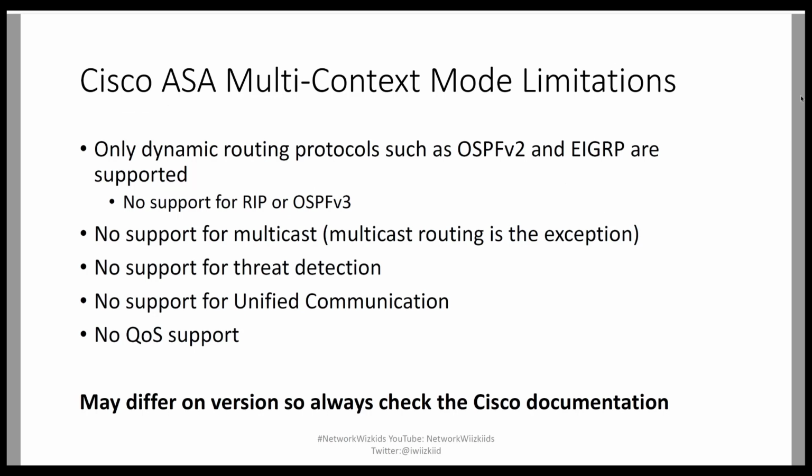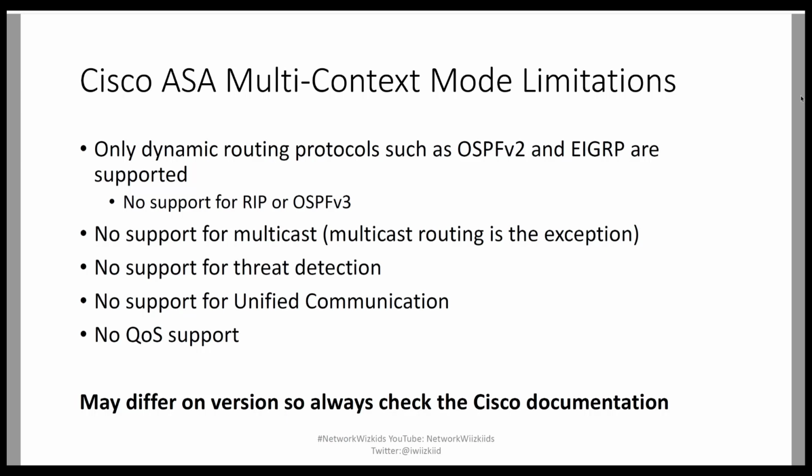There are some limitations when it comes to Cisco ASA multi-context, and these are that only dynamic routing protocols such as OSPFv2 and EIGRP are supported. There isn't any support for RIP or OSPF version 3. There's no support for multicast, however multicast routing, as we've just spoken about, is the exception.